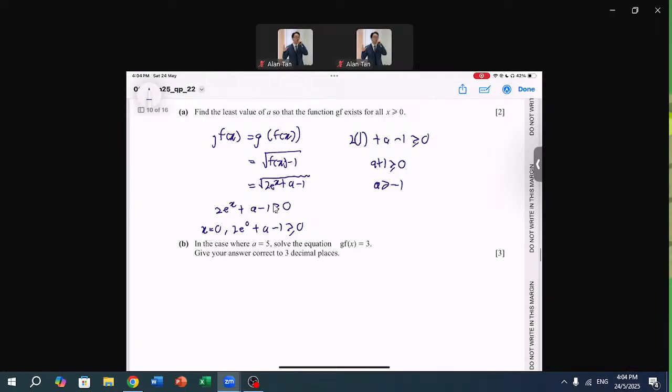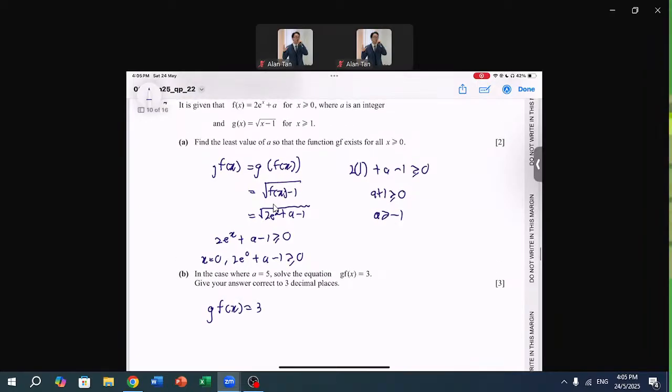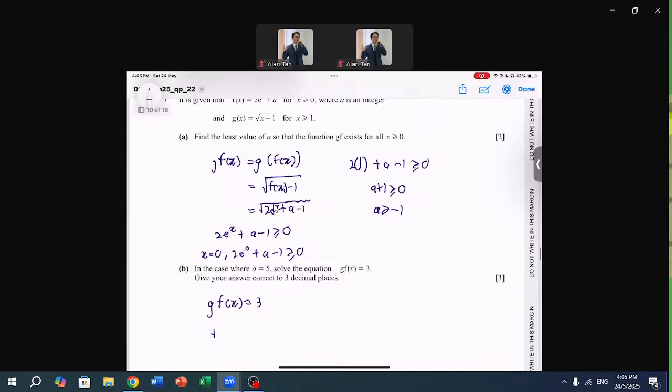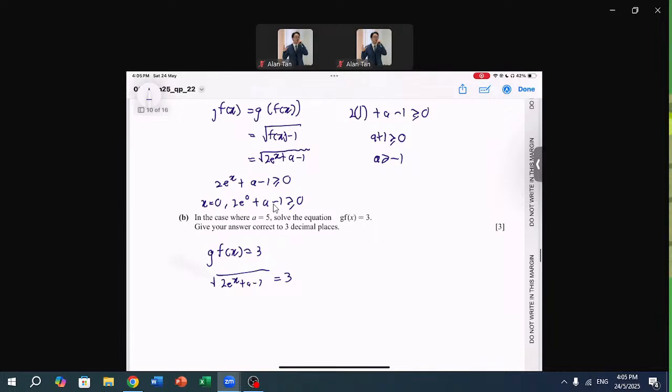In the case where a equals 5, solve gf(x) equals 3. So gf(x) is given as square root of 2e^x plus a minus 1 equals 3, where a is 5. So the square root of 2e^x plus 5 minus 1, equals 3.